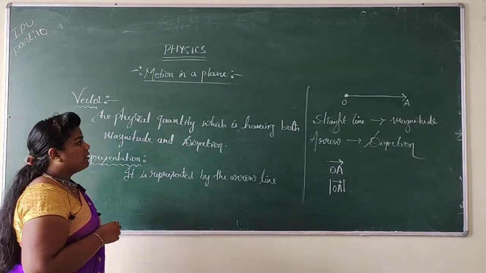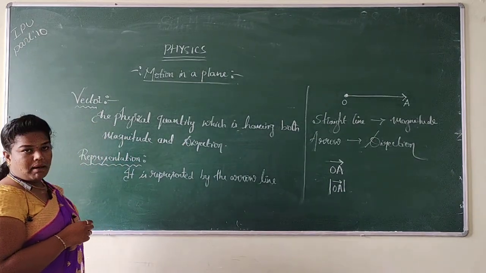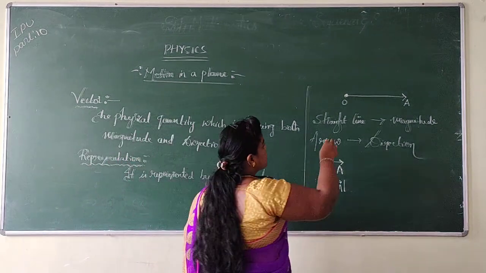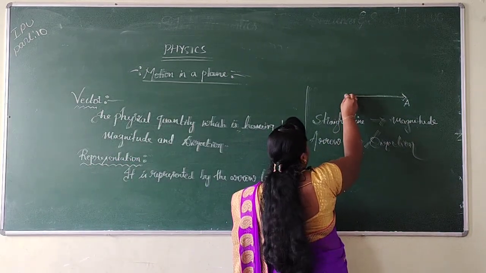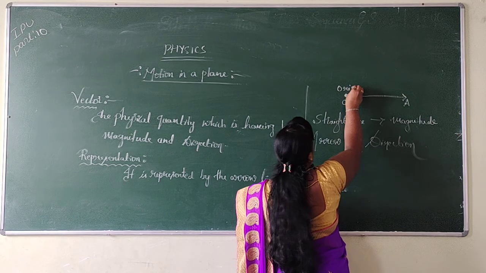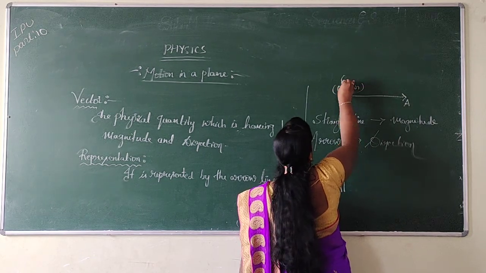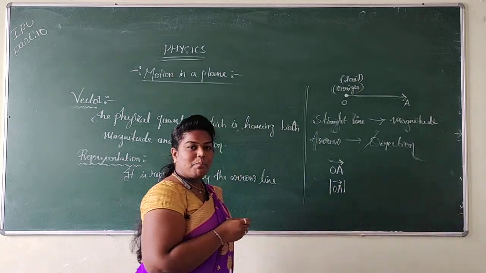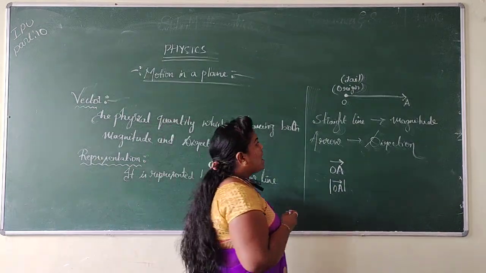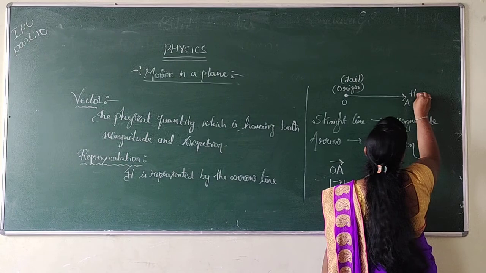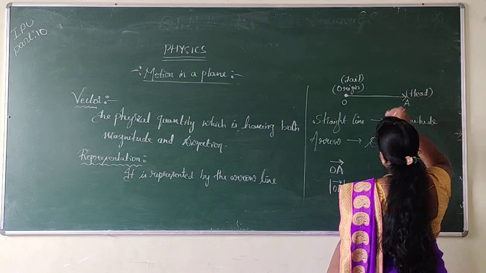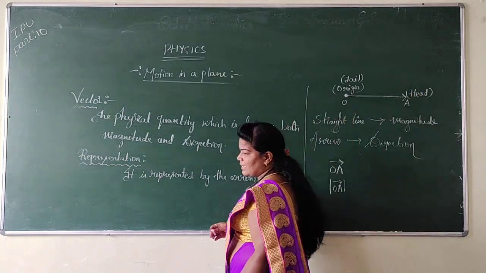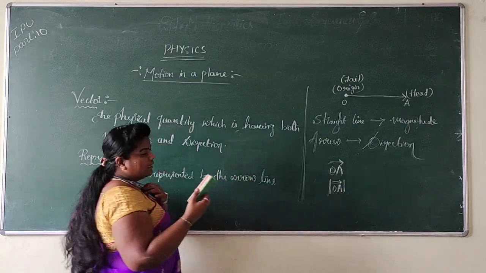Dear students, here this point is said to be the origin, or the tail of the vector, and this arrow end is said to be the head. The arrow starts at the tail and ends at the head.